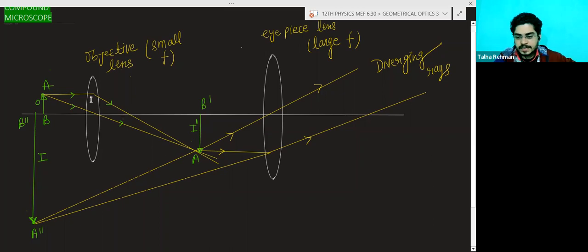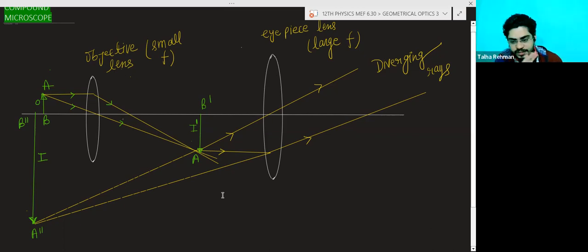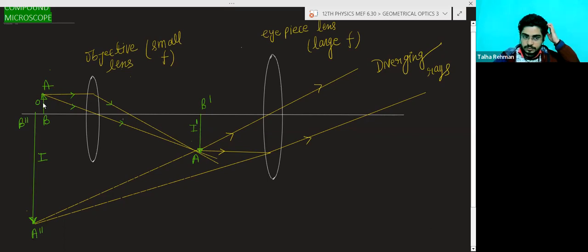Is it fine? Yes, sir. Okay. So don't get confused, go with the process only. Otherwise, there are many things in this. Now the object is here. What is the original object? This was the original object. And this much bigger image you are getting.